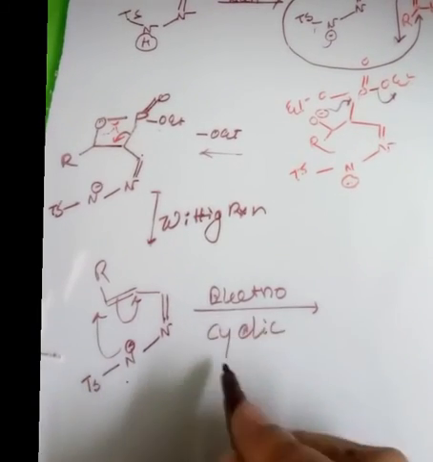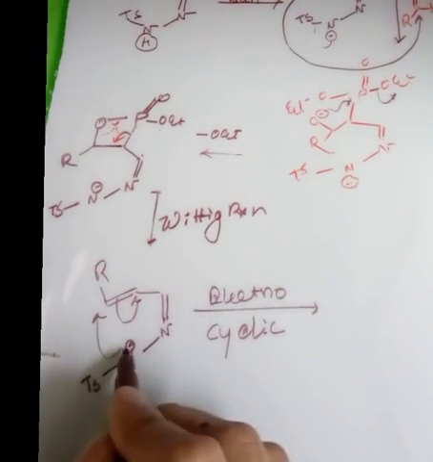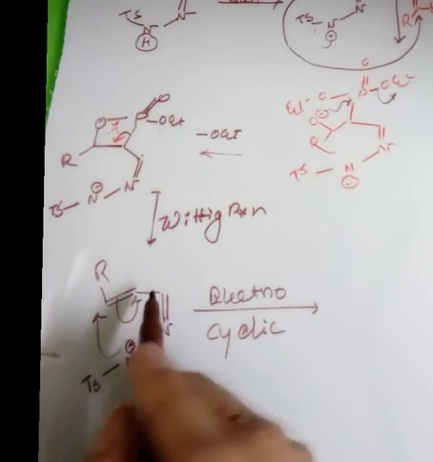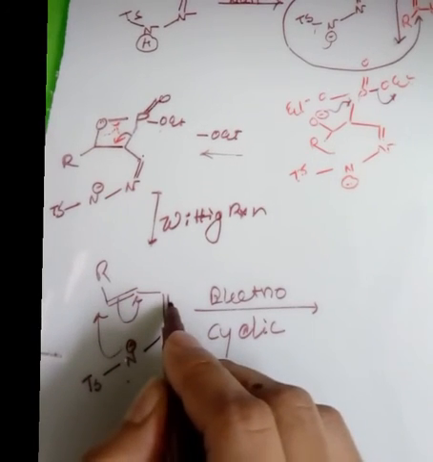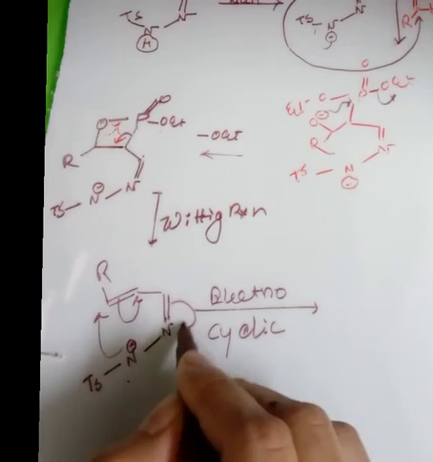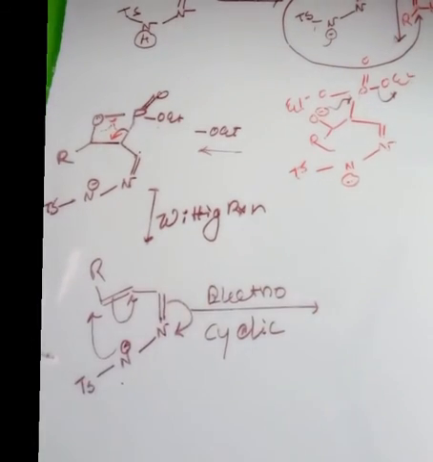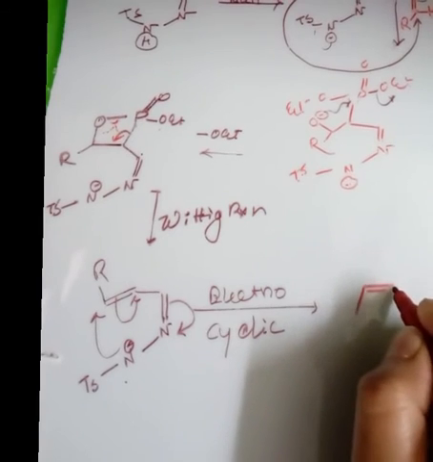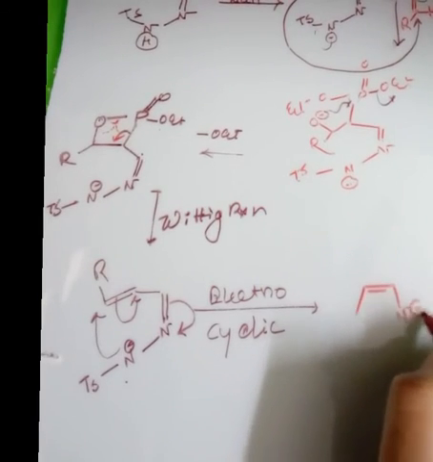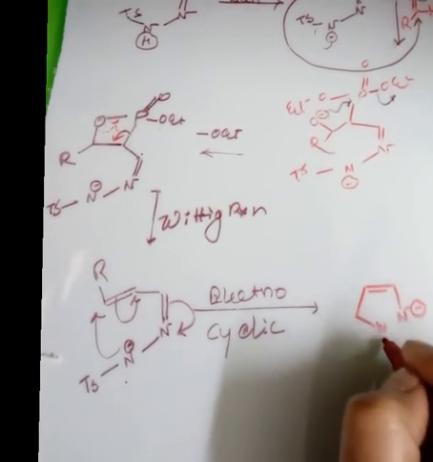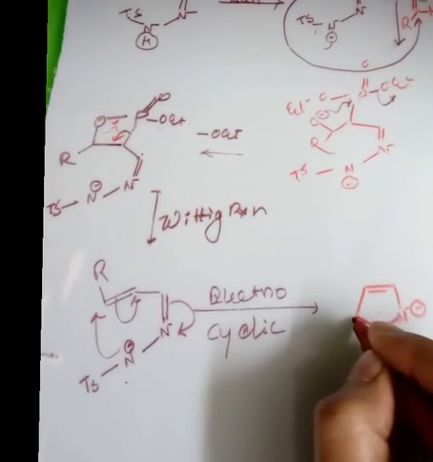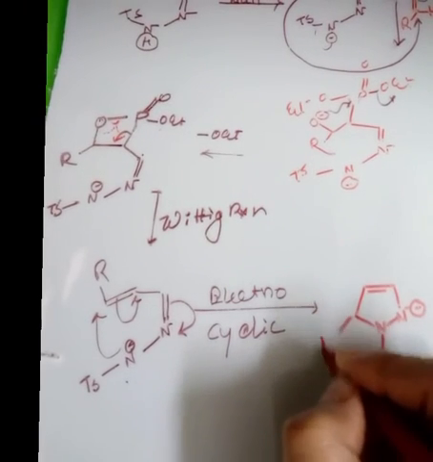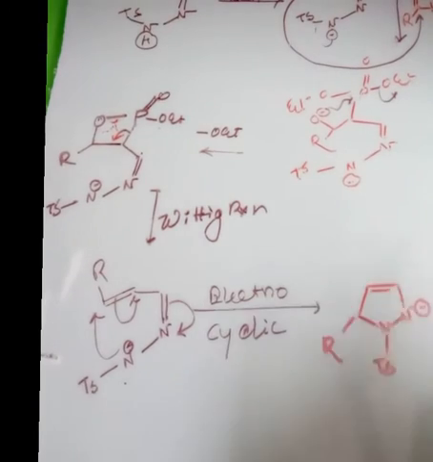It will attack that position, it will rotate, and this bond will rotate simultaneously and a negative charge will come to that nitrogen. Then the ring closing by electrocyclic reaction, and your negative charge comes. Nitrogen contains the tosyl group. The C5 carbon contains a substituent R.